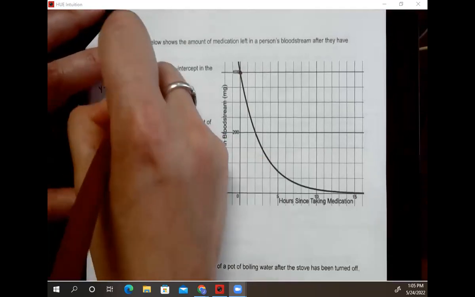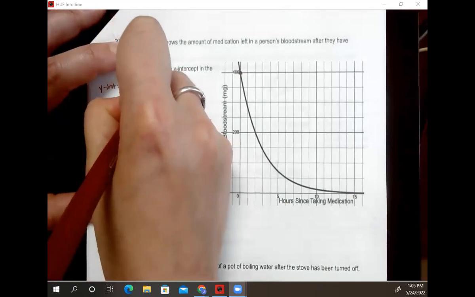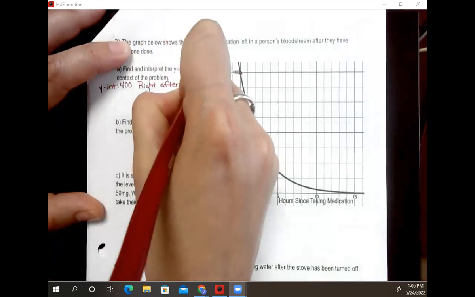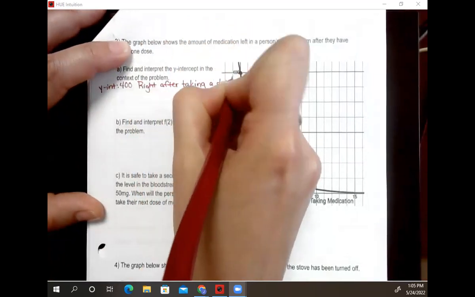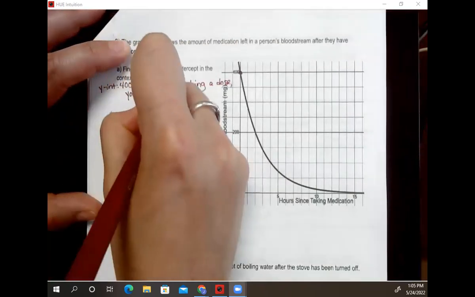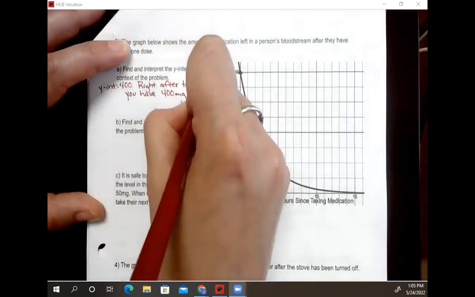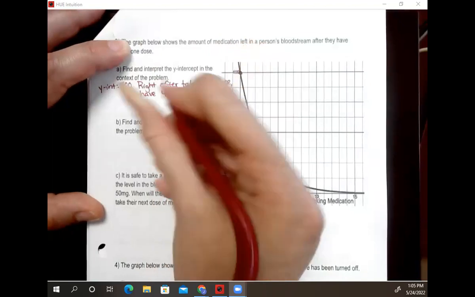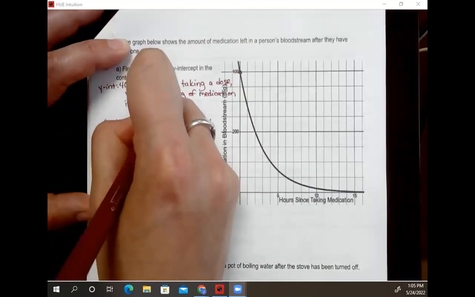Yeah, perfect. Right after taking a dose, you have 400 milligrams of medication in your bloodstream.